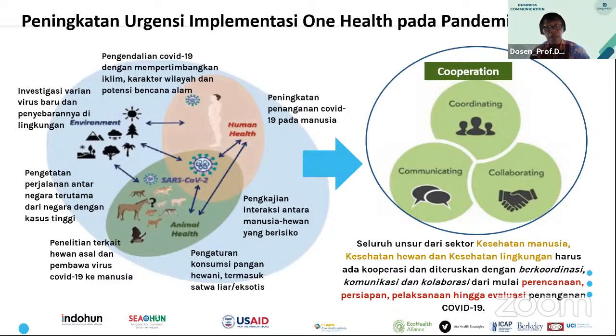If we have a problem with COVID-19, it's not easy because there are a lot of problems there, including many different disciplines and many different problems, social as well as medical problems. So we should have coordination among the stakeholders. We should have good communication. And then if we have good communication and coordination, we should have collaboration to manage the disease.